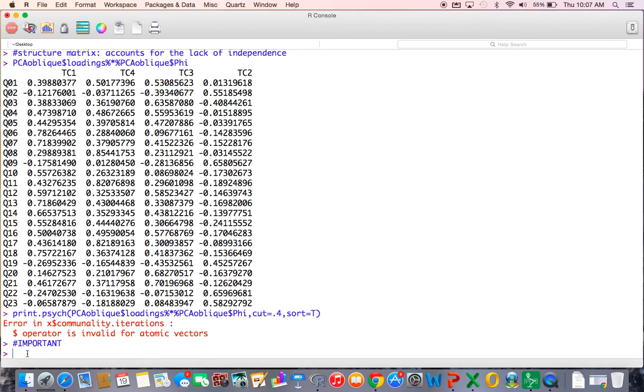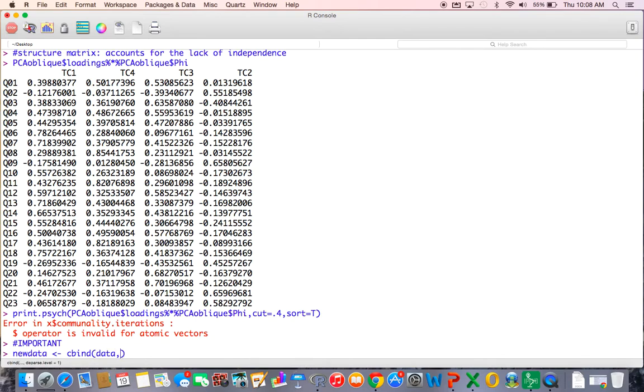So, guys, to get the factor scores, it's super easy to do. And what I'd like to do is not only get the scores, I'd like to be able to save them in a new data frame. So I'm going to use cbind, which is going to bind something new with something old.